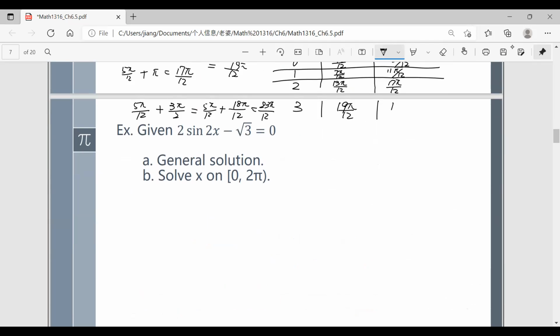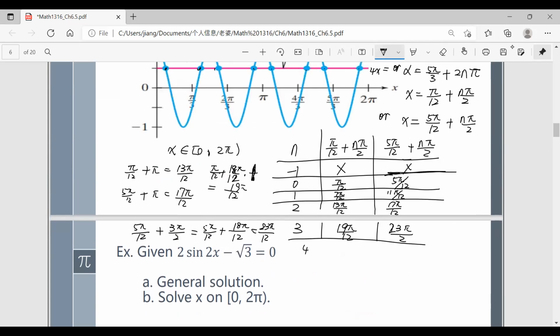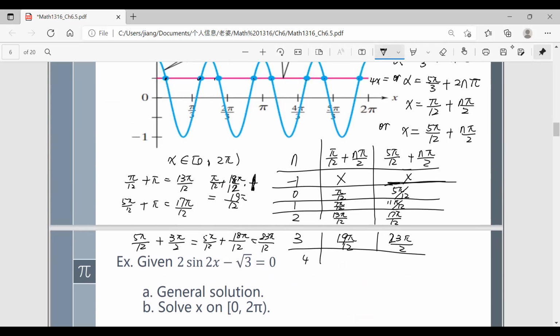This is 23 pi over 12. I can continue plugging in 4, but when I plug in n equals 4, the number here is over the domain, more than 2 pi. So I must omit the solution here. So I have 4 solutions.